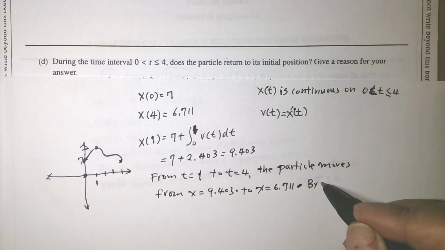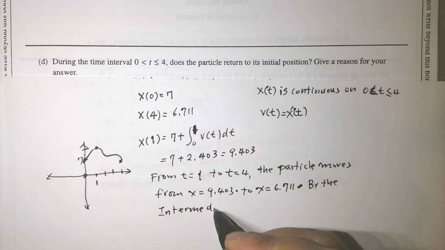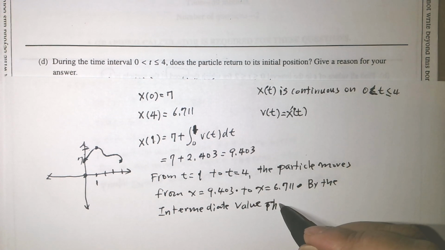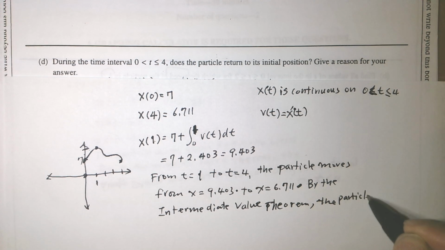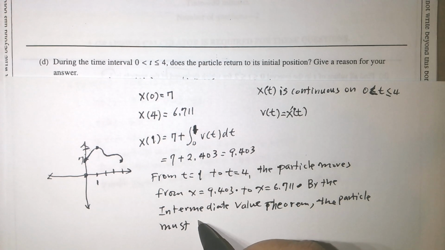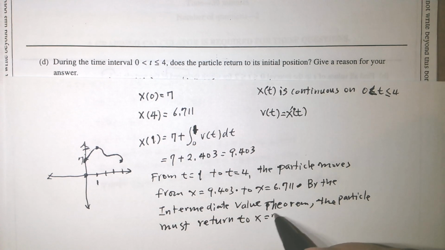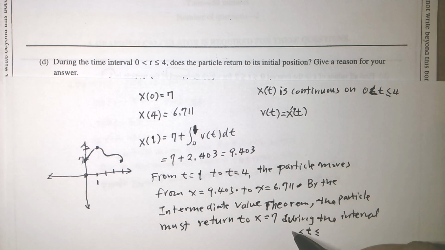So by the intermediate value theorem, the particle must return to x equals 7 during the time interval 0 to 4.